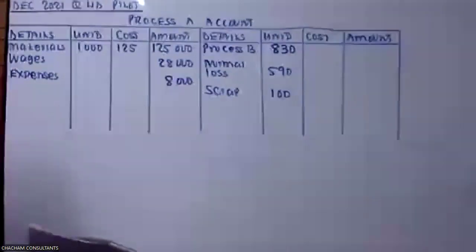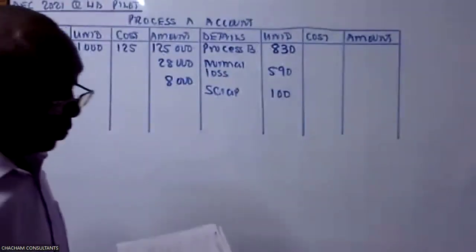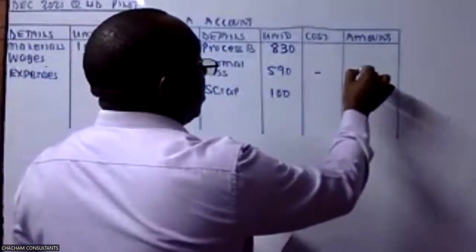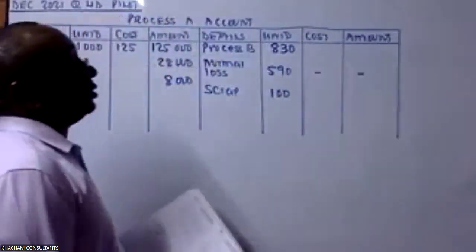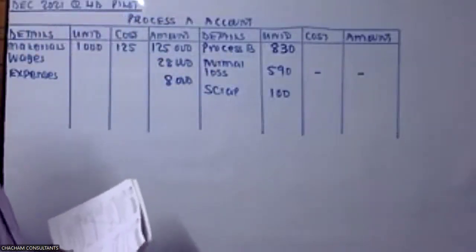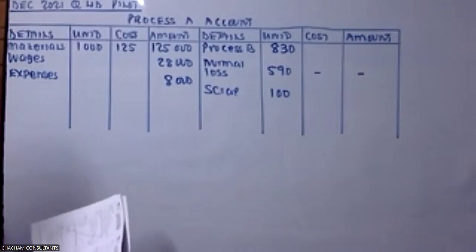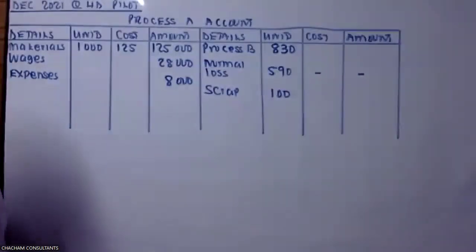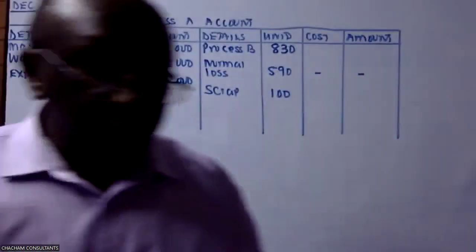For the normal loss, we are not told how much it will be sold for, so we just ignore that. The normal loss has no resale value. So what we shall do is to cost the output and the scrap.